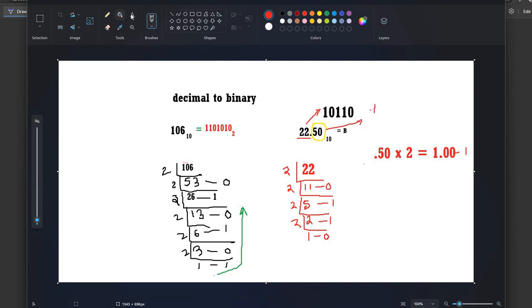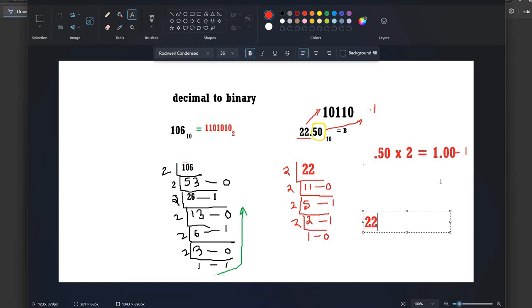So how will you write it? 22.50 is equal to 10110.1.